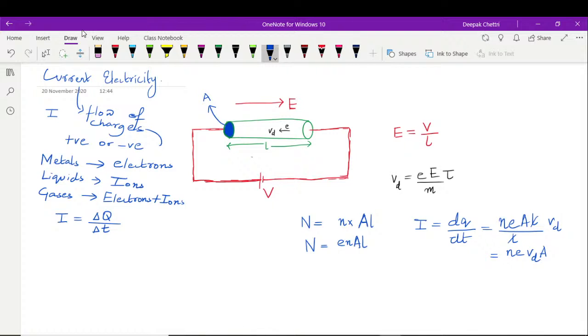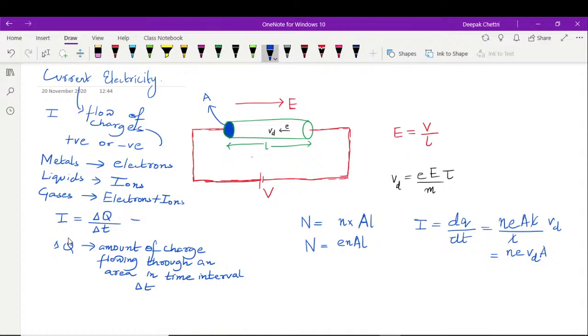Okay, so where delta q is the amount of charge flowing through an area in time interval delta t, right?